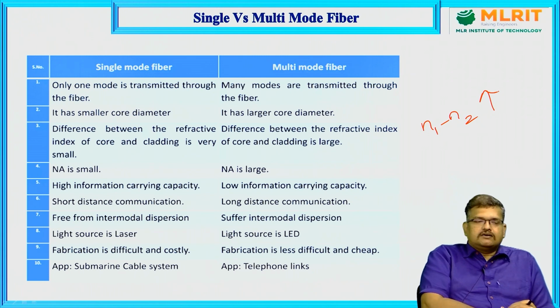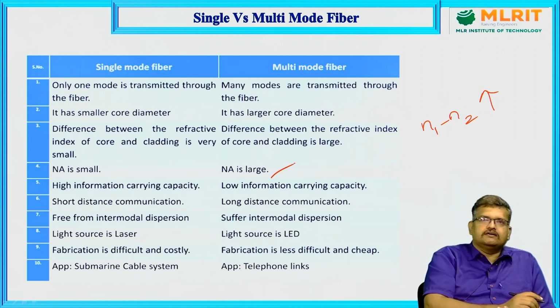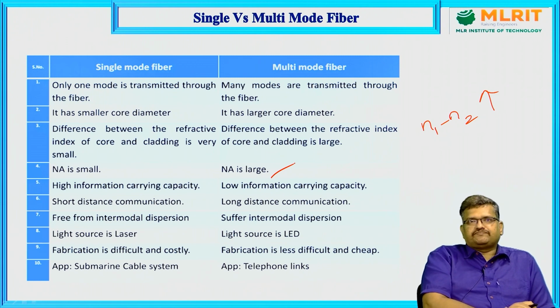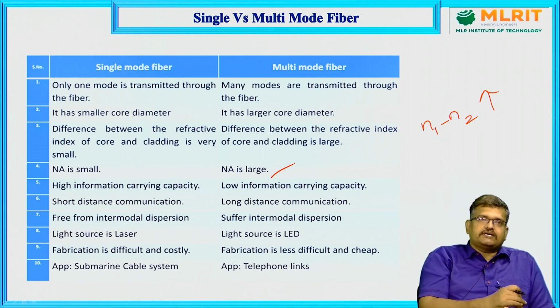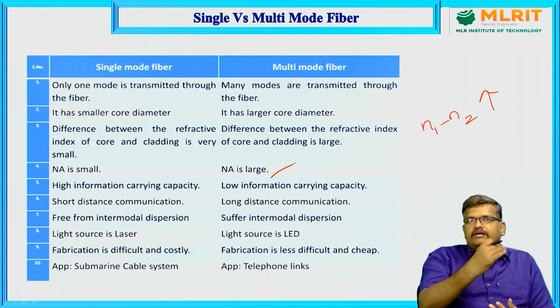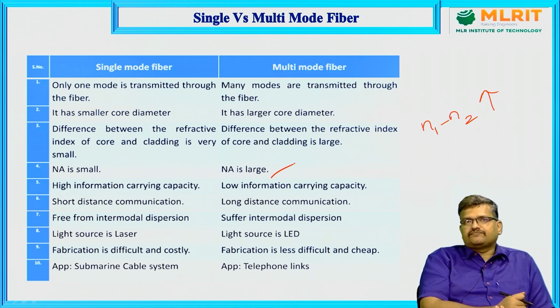This is one of the important differences between single mode and multimode fibers. Another one, the numerical aperture is small in single mode fibers and very large in multimode fibers. Even though multimode has a larger core diameter, the high information carrying capacity is in single mode fibers, while multimode fiber has low information carrying capacity.